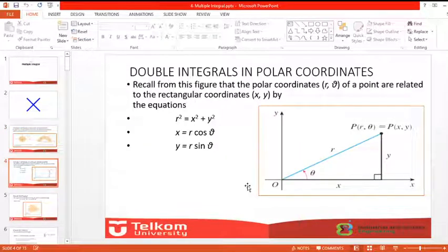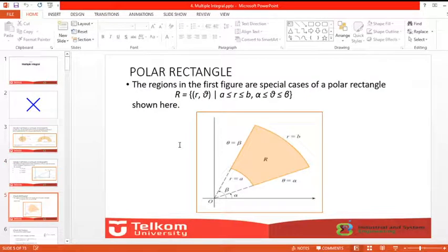Okay, so for polar coordinates, we transform from x, y to r and theta. What is the relationship between r and theta? The relationship is: r squared is equal to x squared plus y squared, which means x is r cos theta and y is r sin theta.